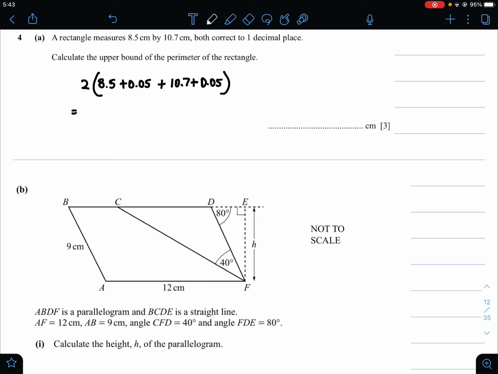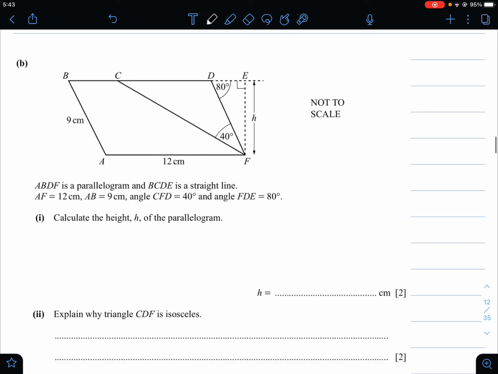So 8.55 plus 10.75 multiplied by 2. So your final answer for this question will be 38.6 centimeters.